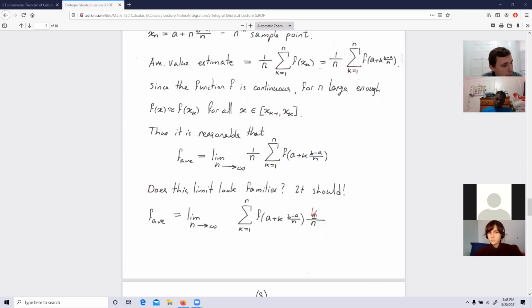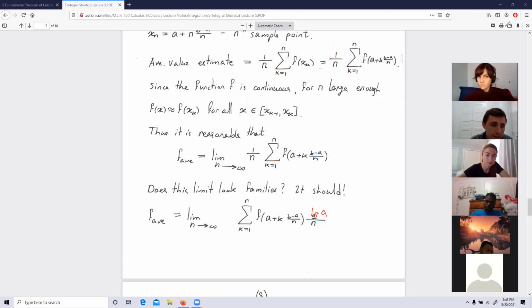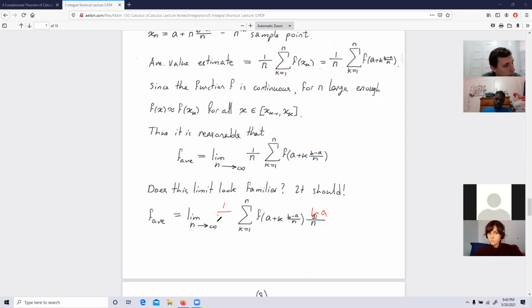I know we did not talk about integration for any good duration of time, but I hope you have a sense, guys. It's b minus a that's missing here, and here I write 1 over b minus a, which means that this average, f average, is just 1 over the length of the interval times the integral from a to b of f(x) dx.